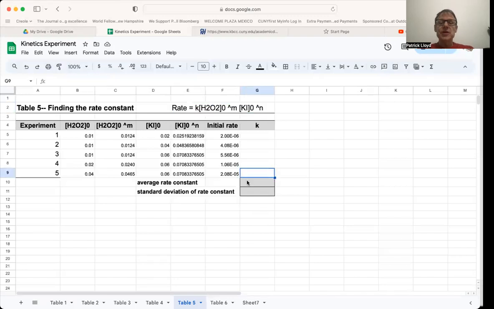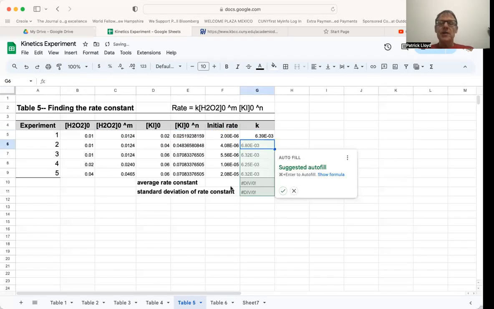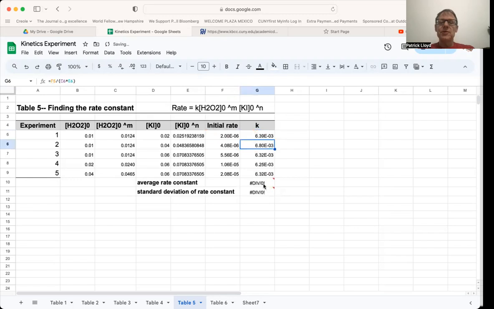The way we do that is to say equal sign, rate divided by, and I'm going to put it in parentheses, H2O2 to the m times, so shift 8, KI to the n, close parentheses, and that looks good.